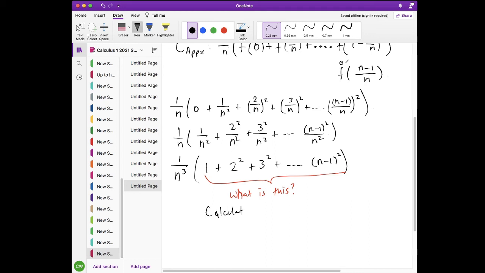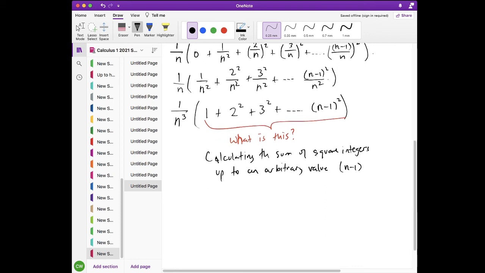Calculating the sum of square integers up to an arbitrary value. In this case, it's n minus 1. We'll do sigma notation later, but this is equivalent to saying this.